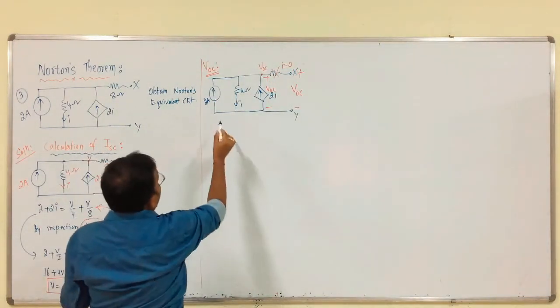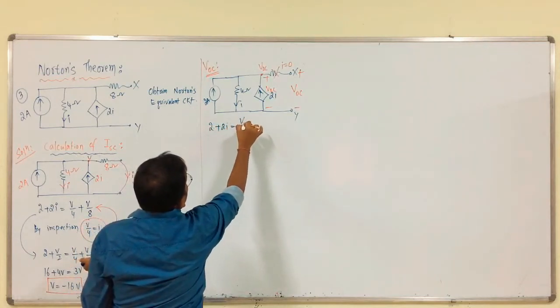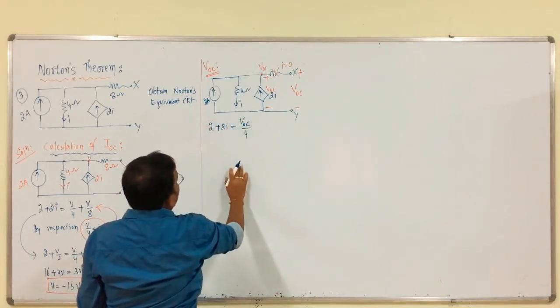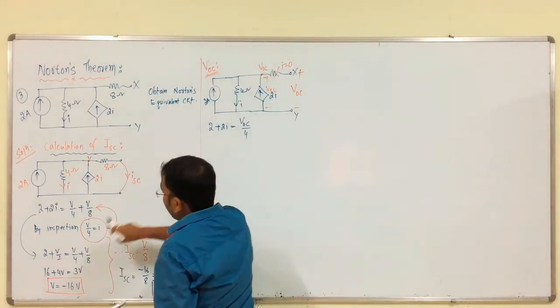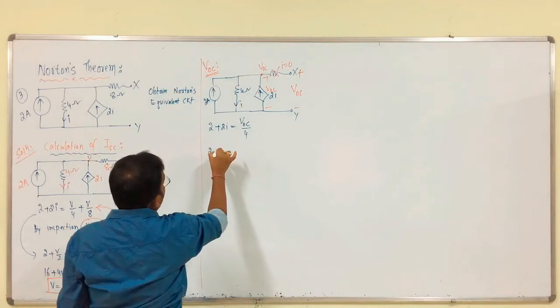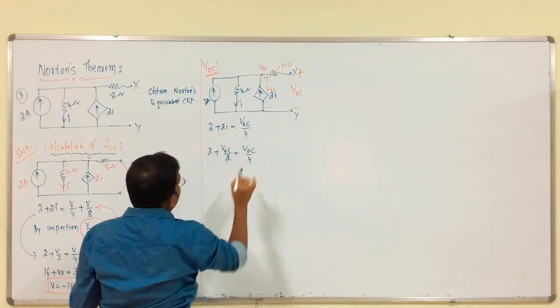Therefore, 2 plus 2I is equal to VOC by 4. We know that V by 4 is equal to I. Therefore, I is equal to VOC by 2. Therefore, 2 plus VOC by 2, VOC by 4.